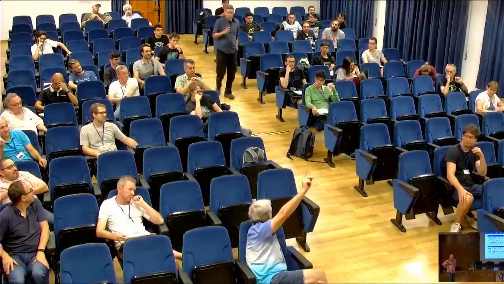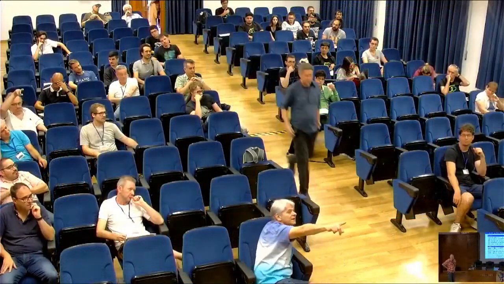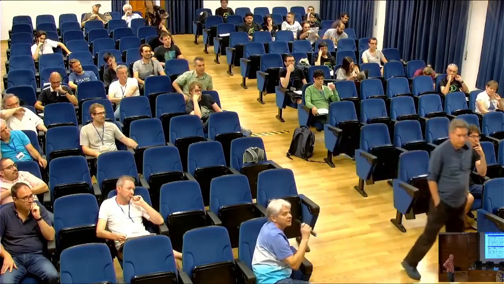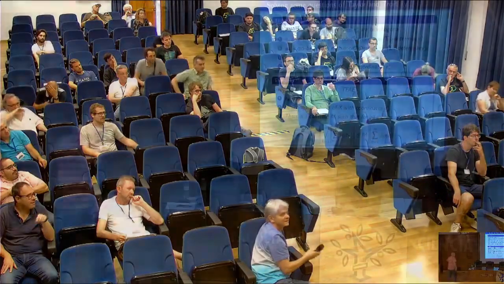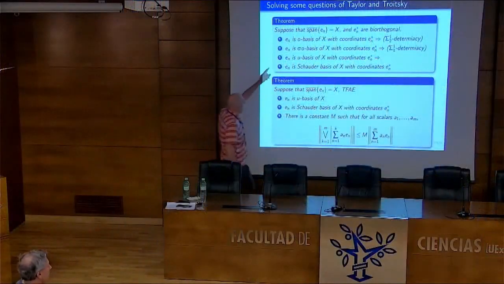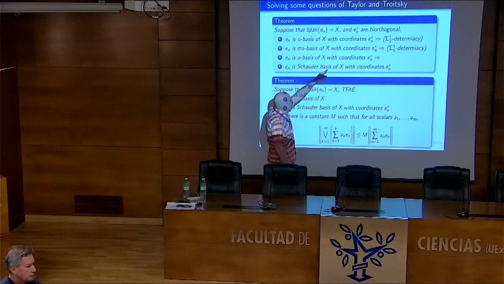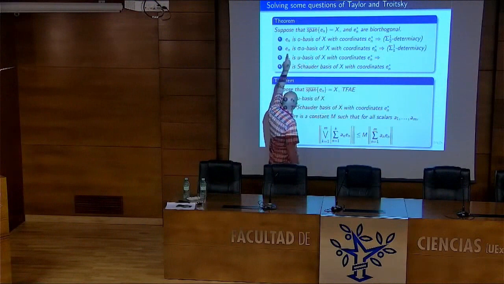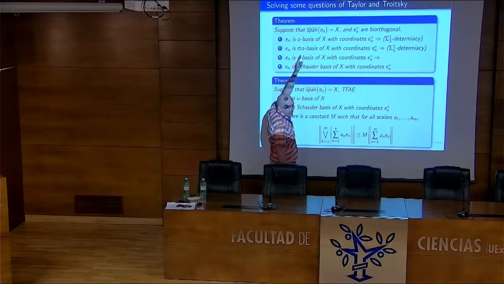Any other question? Can you explain the first item of the theorem above? I mean, what do you mean by this implication? Oh, simply that if I have a sequence e_n of vectors, and given coordinate functionals, then if these vectors with those coordinate functionals are an O basis, an order basis, then they are a sigma order basis as well, with the same coordinate functionals, as far as I assume Sigma 1 2 determinacy.